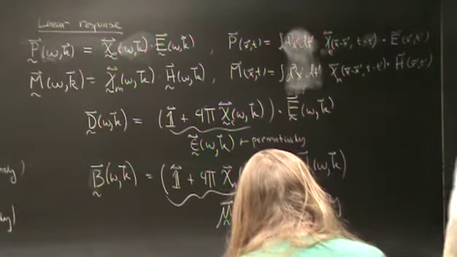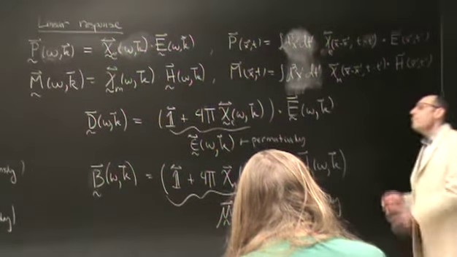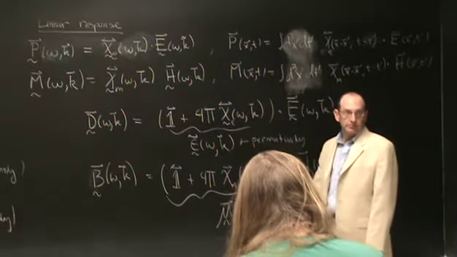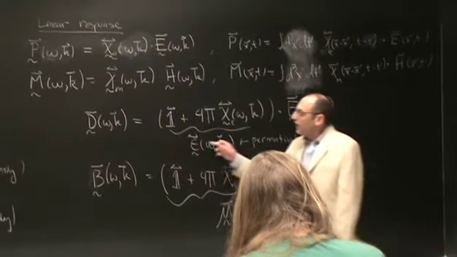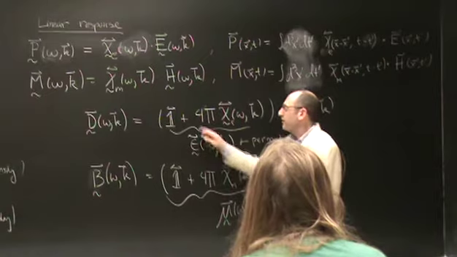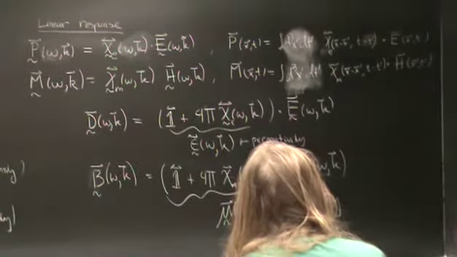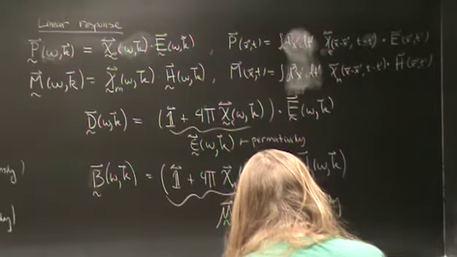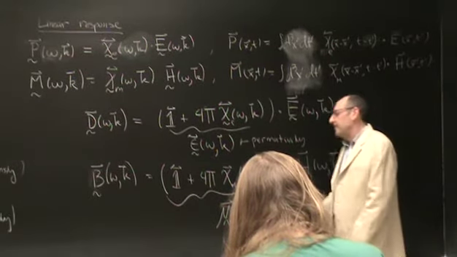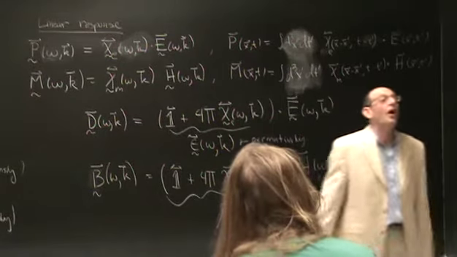Now, in many materials, most materials, if we're somewhat isotropic, then the k dependence is negligible. And quite often, if we have some kind of amorphous material, then the tensor nature is negligible also. And furthermore, depending on the nature of the material and the frequency, quite often the permeability is darn close to 1.